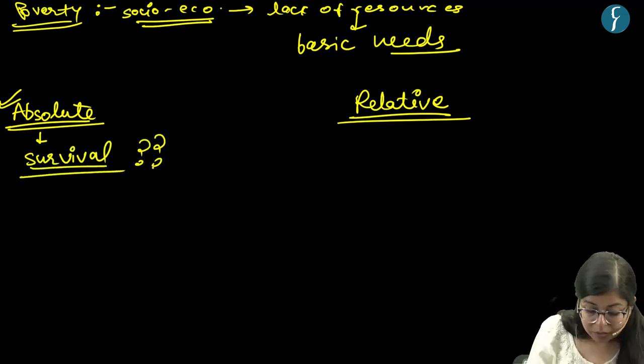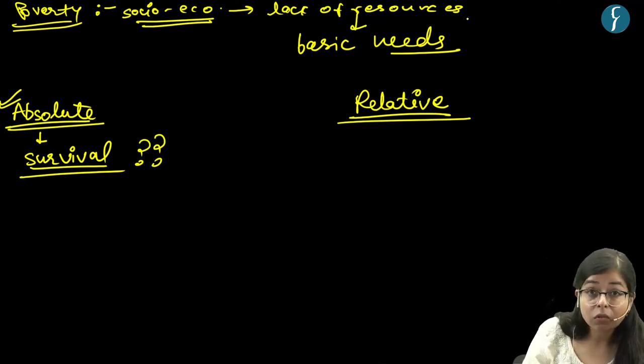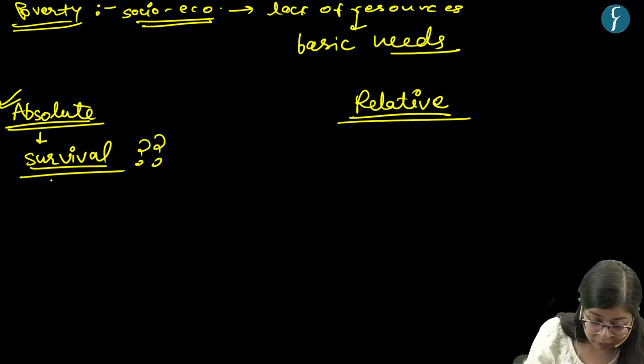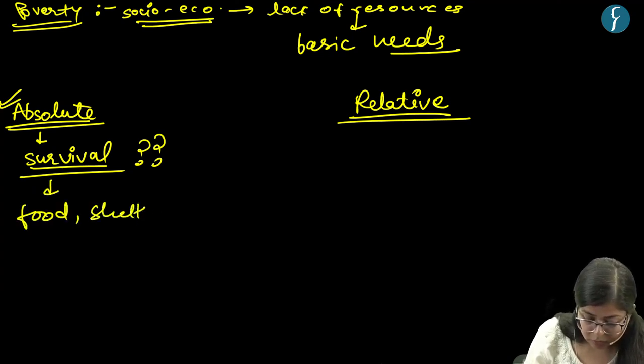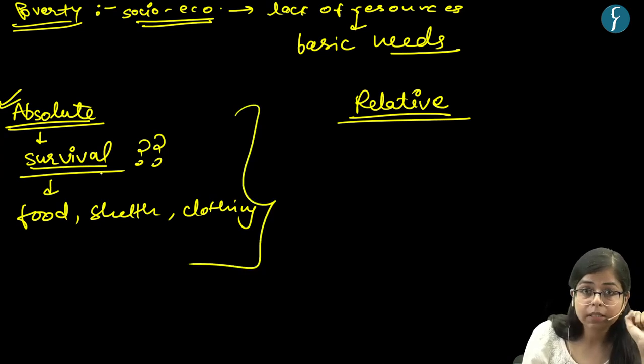That is, the person who is absolutely poor lacks even the basic resources that are needed for survival. And what could be these resources? These could be food, shelter, and clothing, right? So, there is a question of survival for that person.